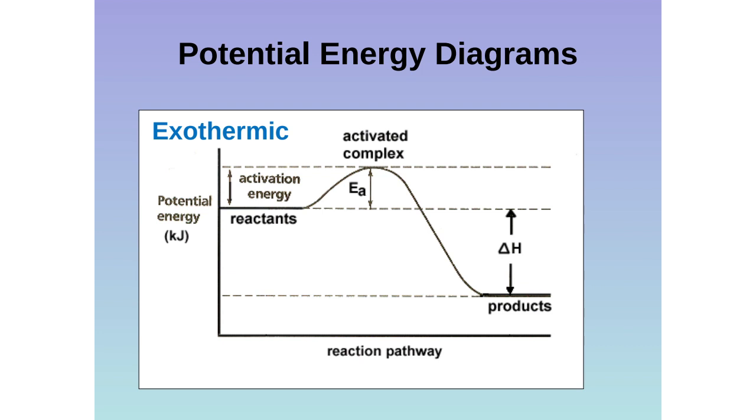We know that all of our processes on Earth are either endothermic or exothermic. So we now have the ability to show each of these types of reactions graphically and relating them to these energies that are needed in order to have these reactions occur. So if we have an exothermic reaction, what happens here is the reactants that you start off with are at a higher potential energy.